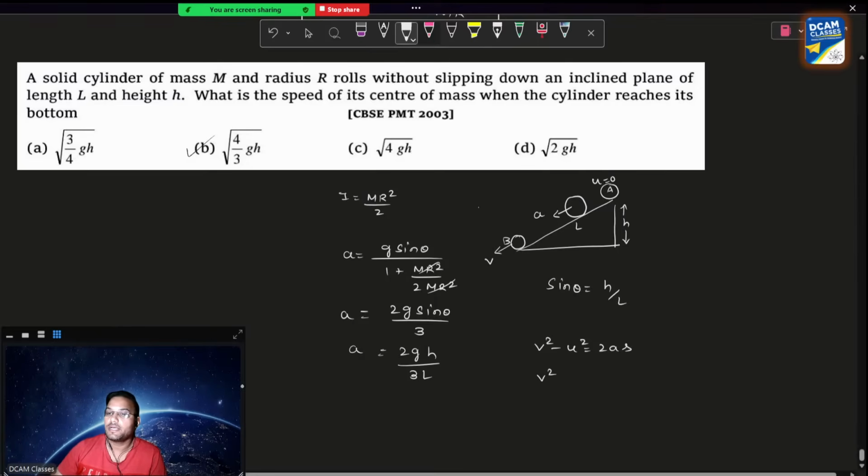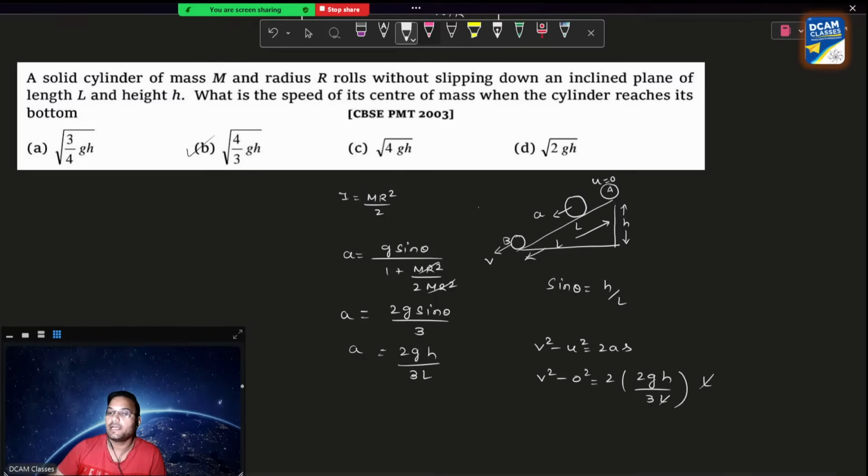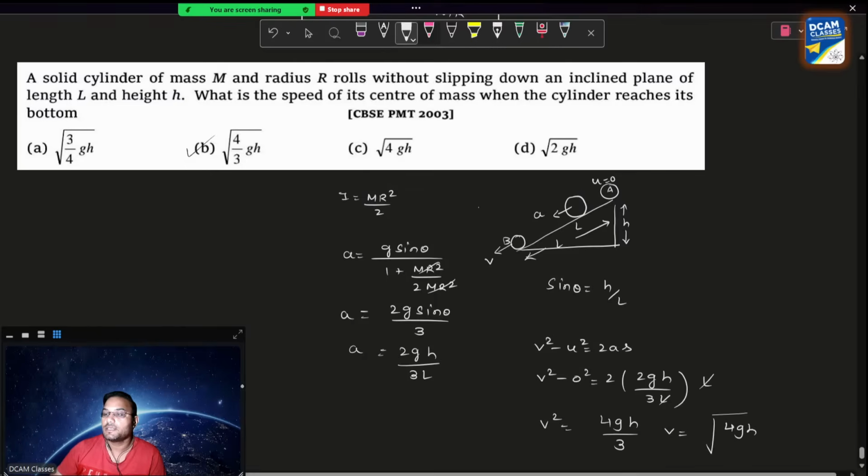So v square minus 0 square is equal to 2 into 2gh by 3L into the displacement, which is L. L cancels. v square is equal to 4gh by 3. So v is equal to root over 4gh by 3.